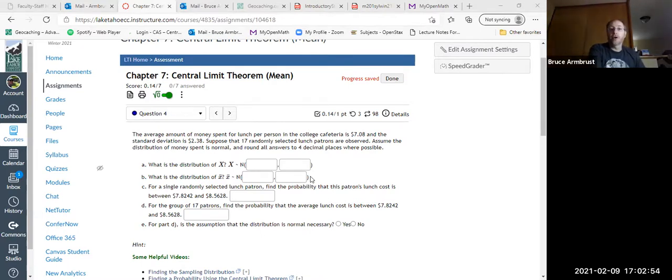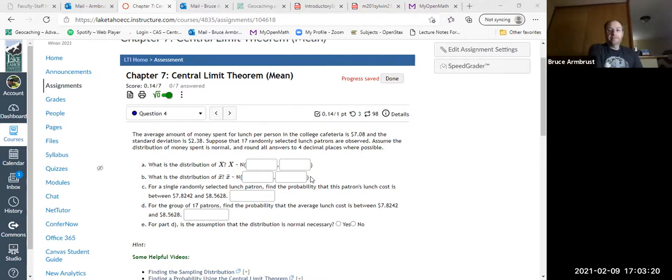Okay, so we've got a population mean and a population standard deviation. All right, so suppose that 17 randomly selected lunch patrons are observed. Assume the distribution of money spent is normal and round all answers to 4 decimal places where possible.